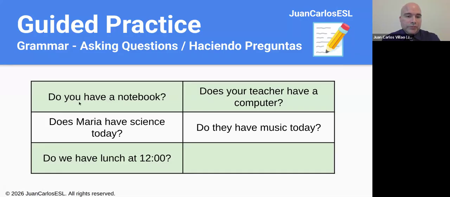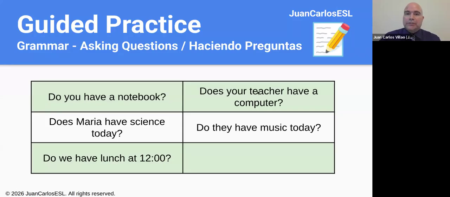Entonces, do you, cuando el sujeto es you, iniciamos con do. Cuando el sujeto es nombre de una persona, María, nos toca usar does. Cuando el sujeto es we, que es sujeto y primera persona, cuando es primera persona, nos incluimos nosotros mismos, es primera persona y plural, so do es la palabra que nos toca.